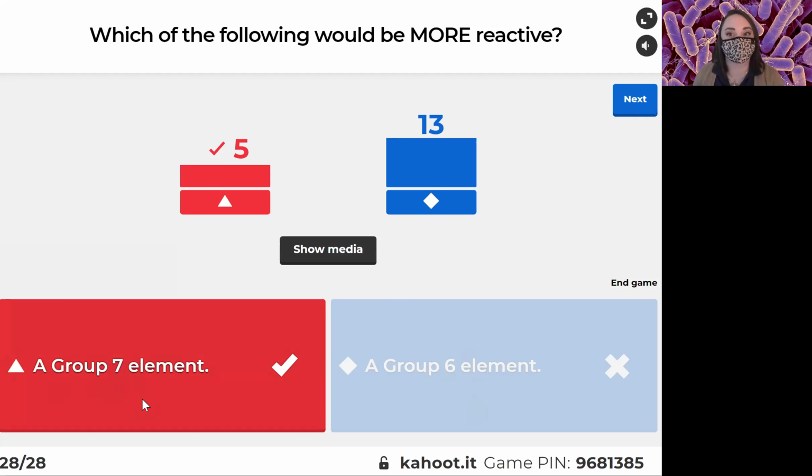And so that makes it more reactive. Fewer valence electrons to gain to become stable makes it more reactive. So the pattern here is, the less work the atom has to do, the more reactive it is.